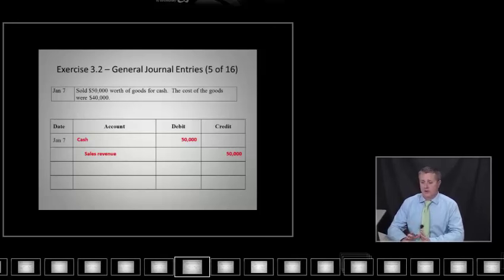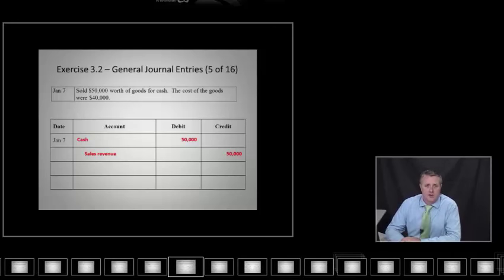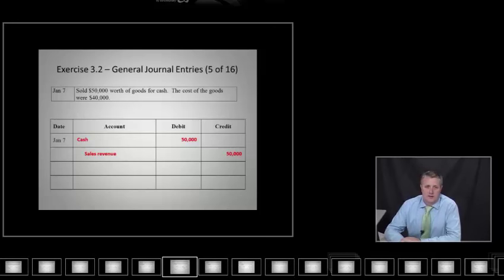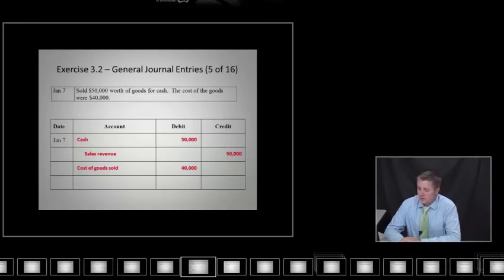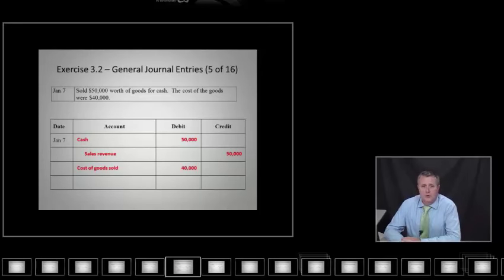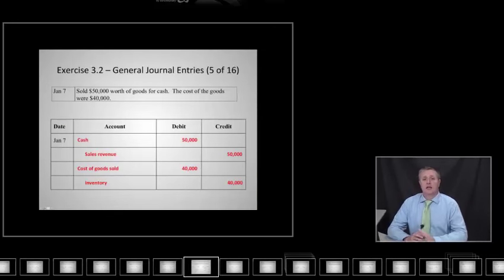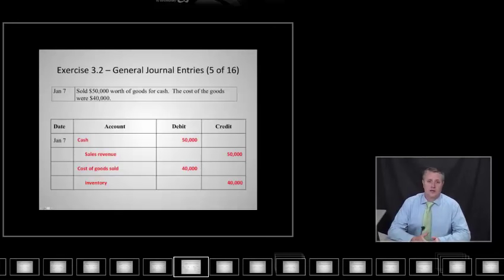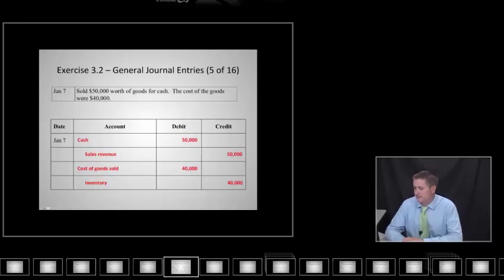The other part of the journal entry is related to the cost of the goods that we sold, which in this case is $40,000. So our debit would be to cost of goods sold for $40,000, and we would credit our inventory account. Our inventory account is an asset, so by crediting it we are reducing our inventory, which is appropriate since we actually sold those goods.